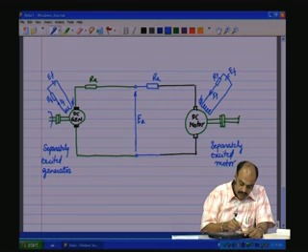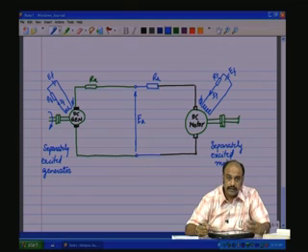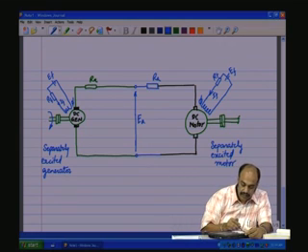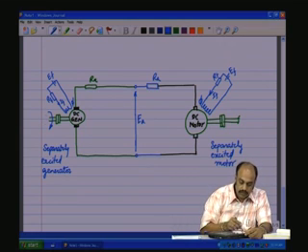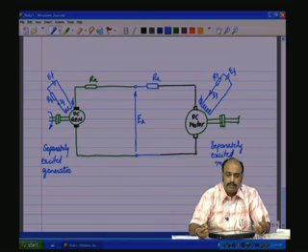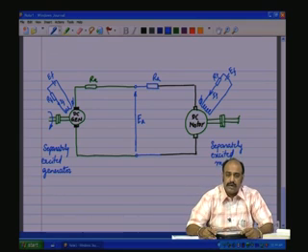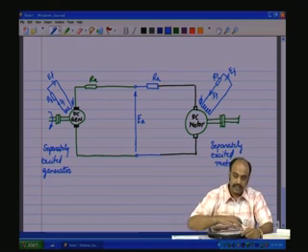The speed of this shaft, or the torque supplied or the energy supplied through the mechanical domain, could be from a prime mover, which could be an AC motor or some other prime mover like an IC engine, that is the internal combustion engine.